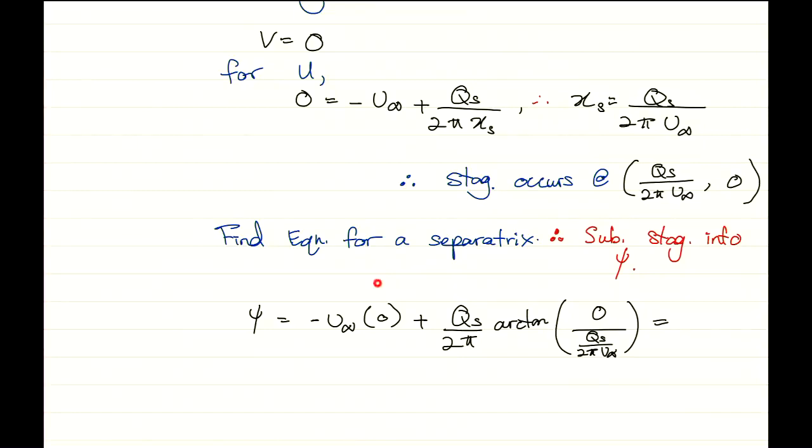So this term here is 0. What does this term equal to? 0. Okay, so therefore psi equals 0. So the constant value for a separatrix is 0. The psi value is 0 for a separatrix.